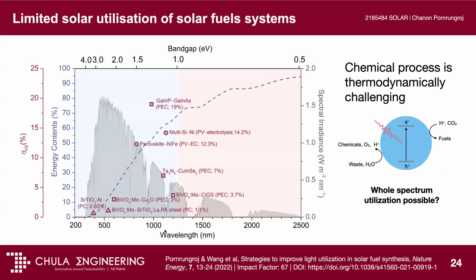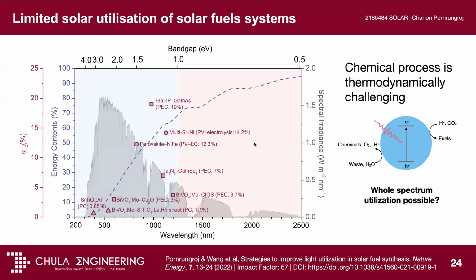This is the utilization of the solar energy. You can see here that this is the energy of the solar spectrum, right? It has about 5% in the UV region, and then about 50% in the visible region, and whatever is left over, 45%, is in the IR region. And as you can see here, most of the solar to chemical conversion happens using about 50% of the spectrum.